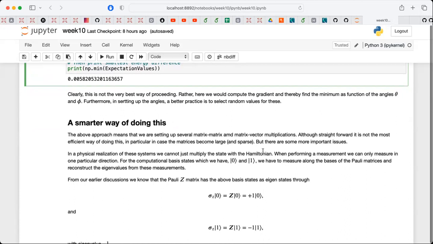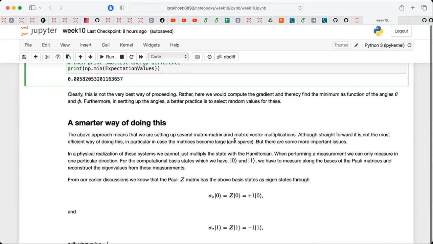So the above approach means that we are actually setting up several matrix and matrix-vector multiplications. And the more complicated the systems, the larger the matrices. And many of these matrices, which will then involve CNOT gates, etc., for more than 1 qubit, are going to be large and sparse matrices.